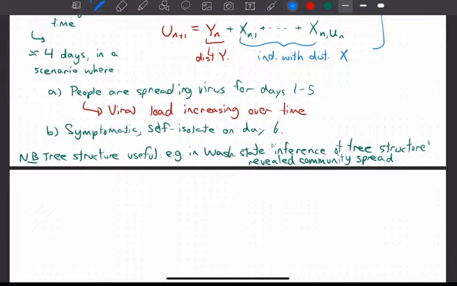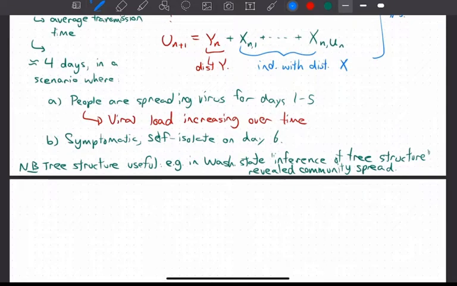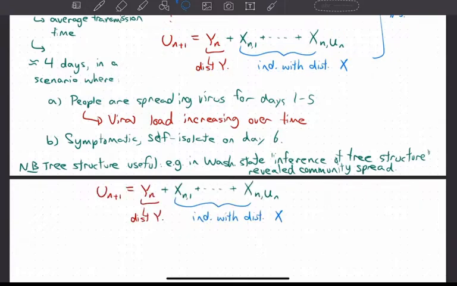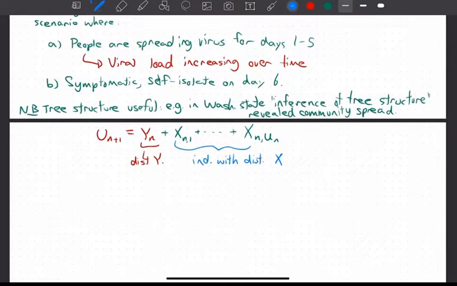Okay, so this is our model. Let me pull this part down onto the next page. What matters about this? Really what matters is the full distributions.